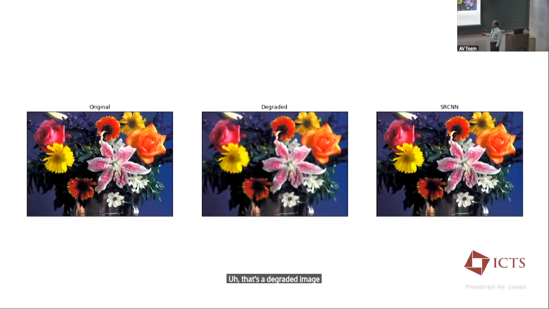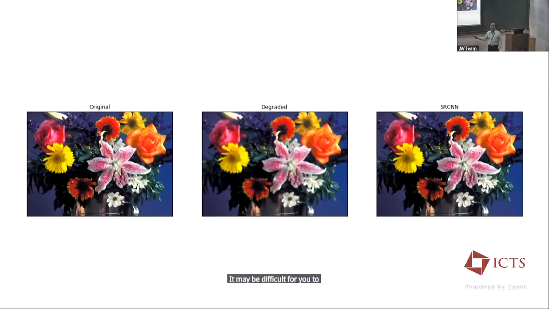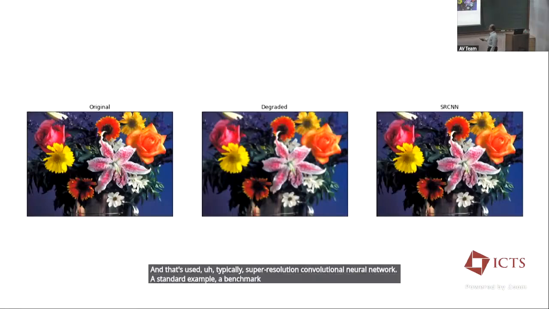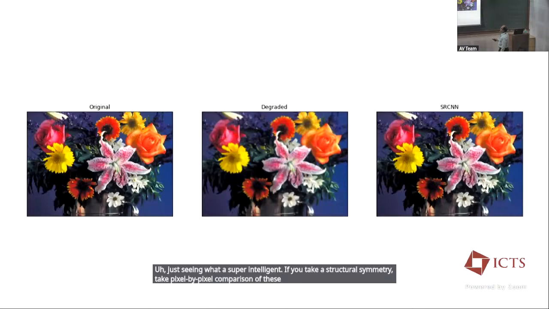If we were to take a structural similarity metric of these two images, you'll find they're distinctly different. It's going to be pretty low, structurally quite far from the original. This is a typical cartoon, used typically in the super resolution convolutional neural network, a standard benchmark example for showing what super resolution is. If you take a pixel-by-pixel comparison of these two and compare all the intensities, that's essentially what structural similarity means.